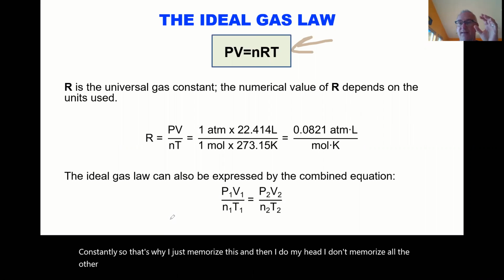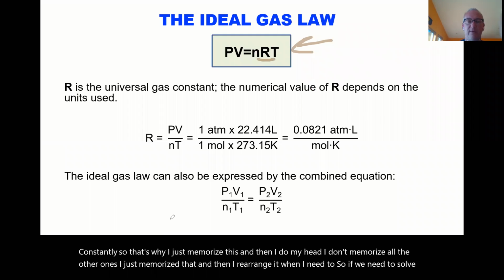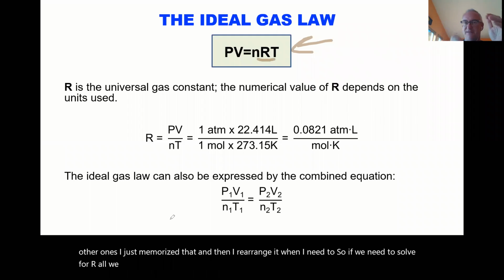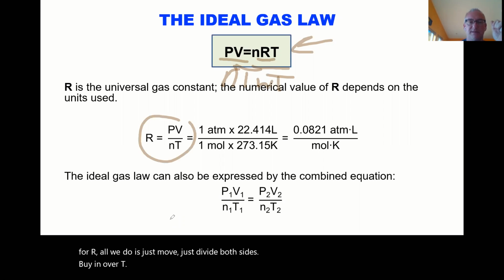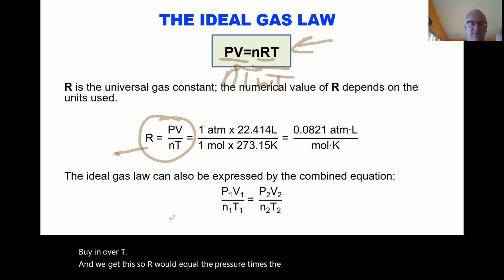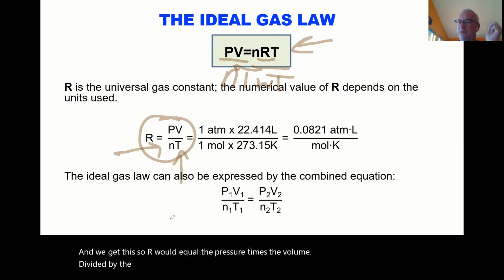I just memorize that, and then I rearrange it when I need to. So if we need to solve for R, all we do is divide both sides by n over T, and we get this. R would equal the pressure times the volume divided by the number of moles and the temperature.